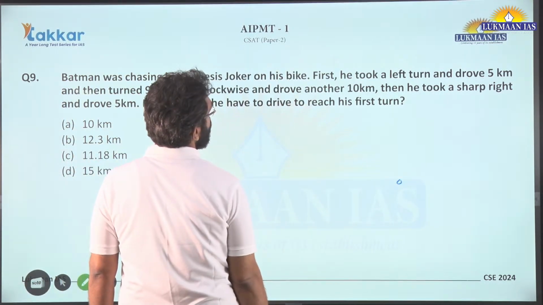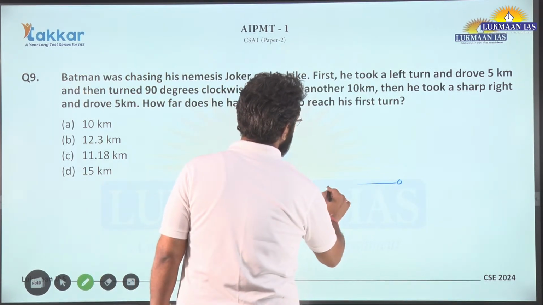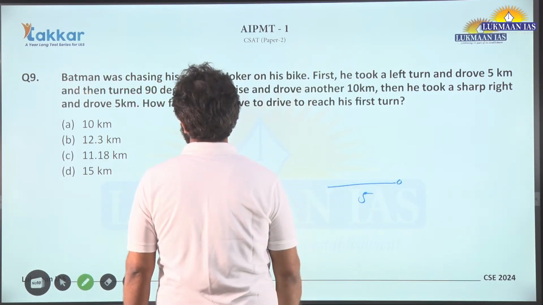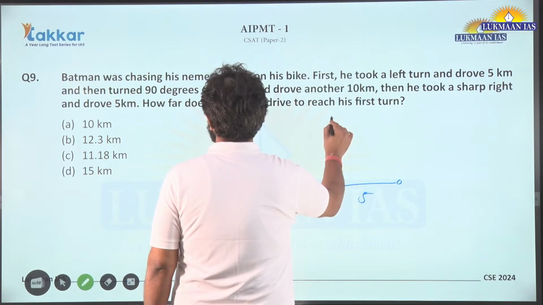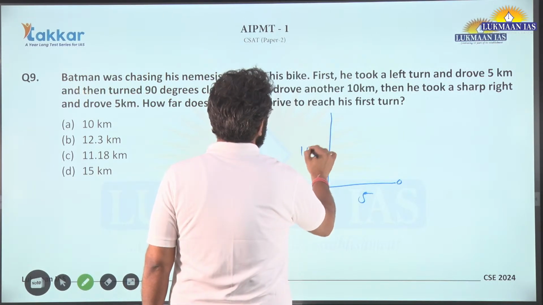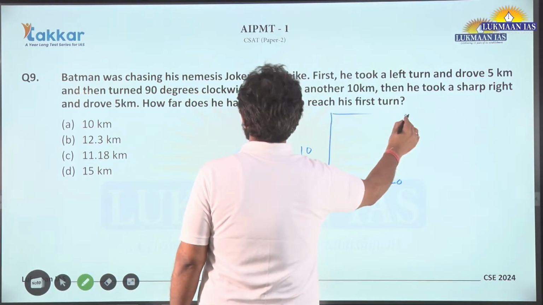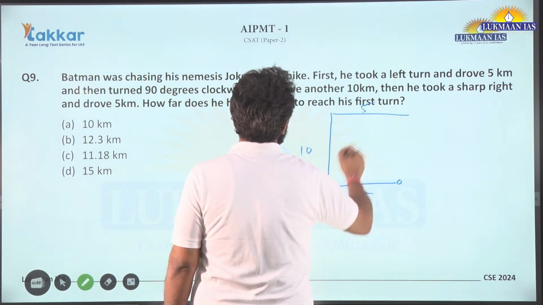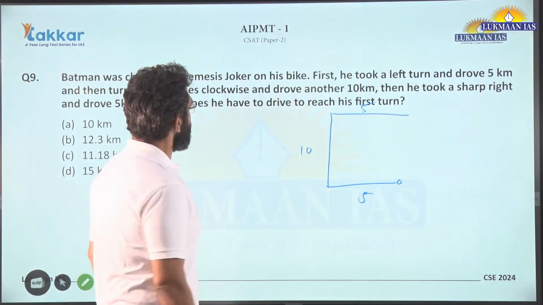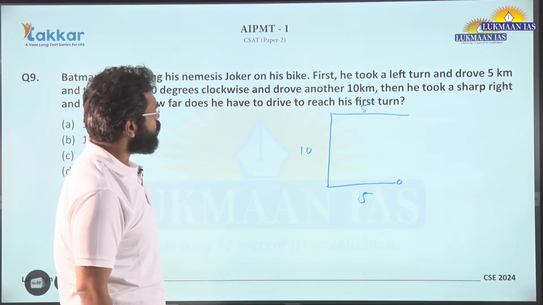He starts from this point, he drove 5 kilometers, then he takes a 90-degree turn and drove for 10 kilometers. Then he takes a sharp right and he drove 5 kilometers. How far does he have to drive to reach the first turn?